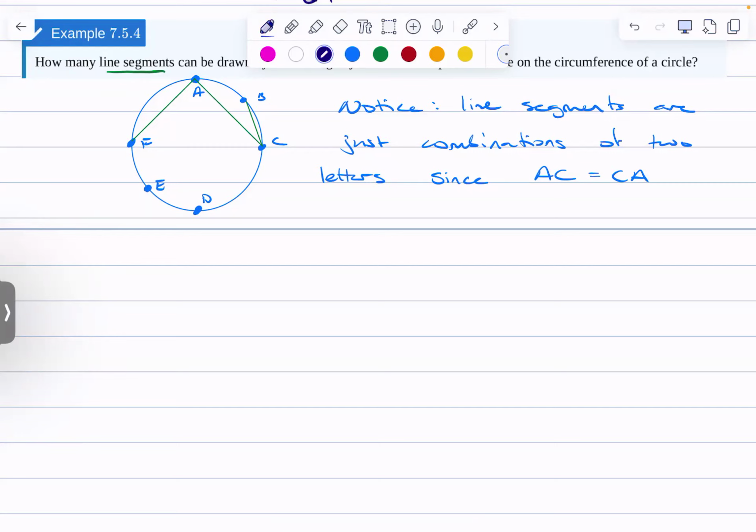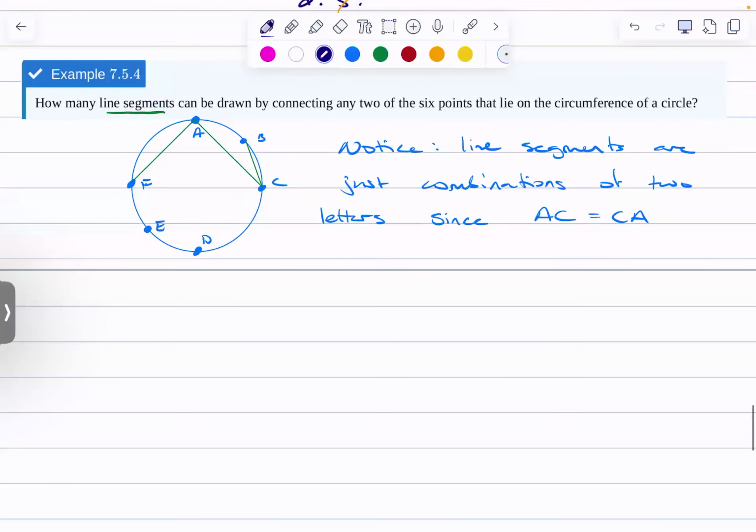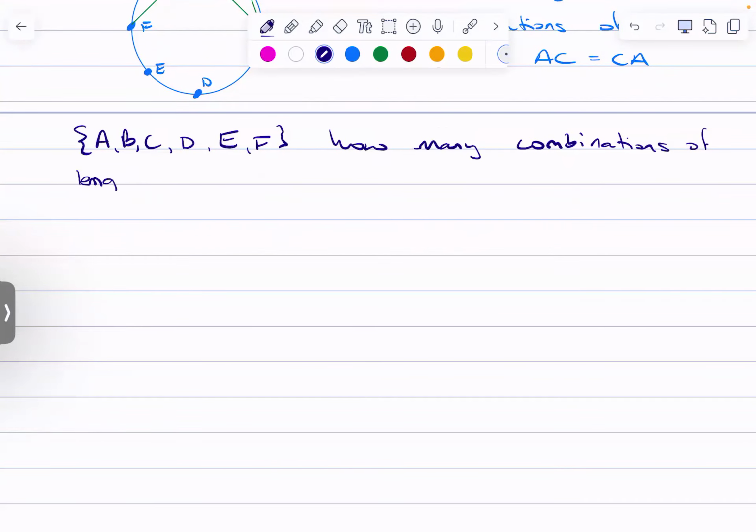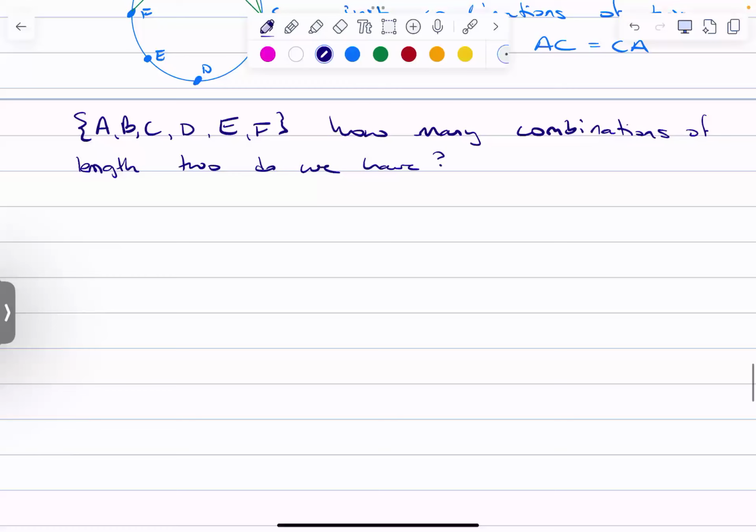So now, if we have these 6 points, A, B, C, D, E, and F, how many combinations of length 2 do we have? That sounds like 6 choose 2.